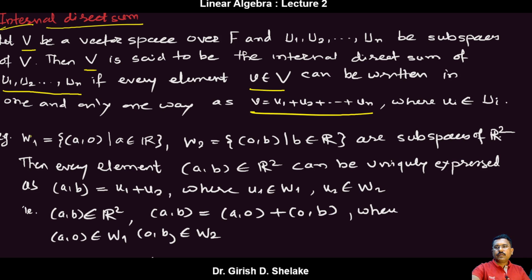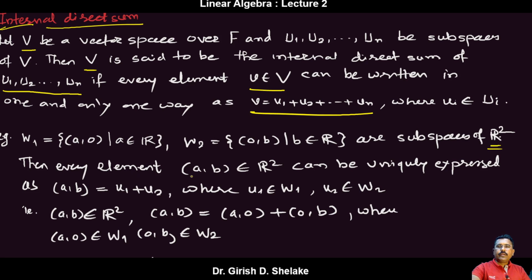For example, let W1 be the set of all vectors (a, 0) such that a belongs to R, and W2 be the set of all vectors of type (0, b) where b belongs to R. We know that these two are subspaces of R2.